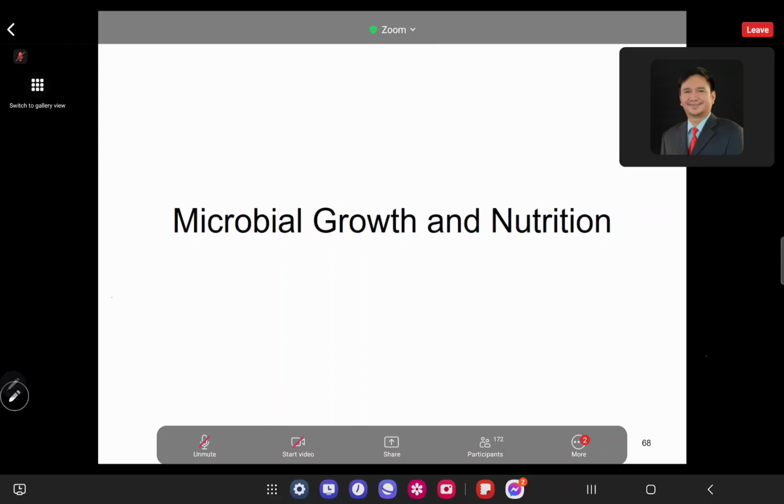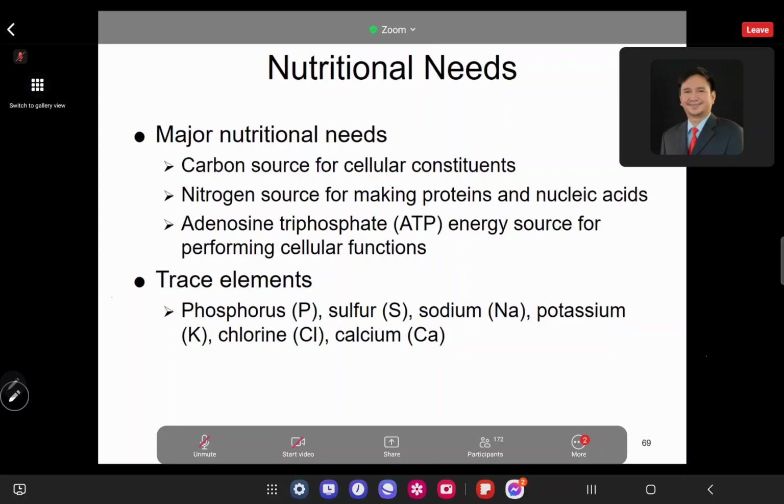While nutritional types are based on their energy sources and carbon sources. So we would encounter here autotrophs, heterotrophs, phototrophs, chemotrophs. These are the concepts that we have to deal with.